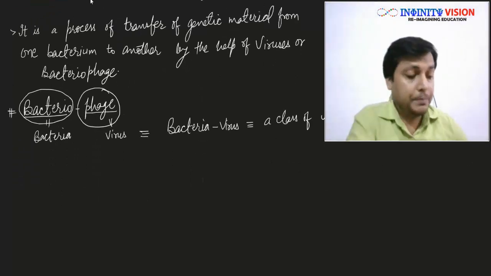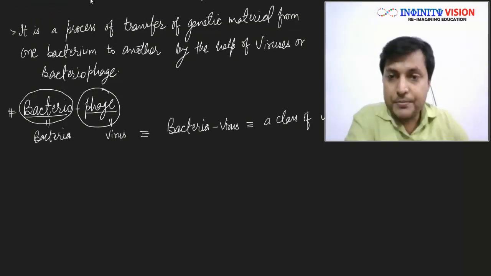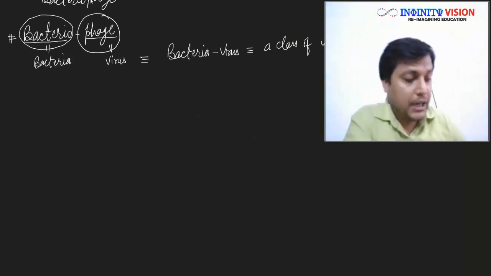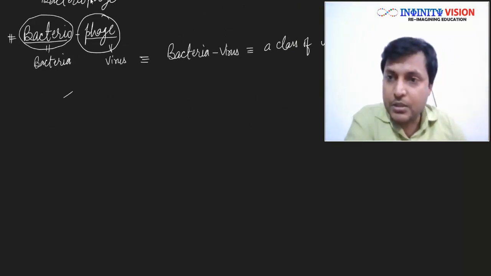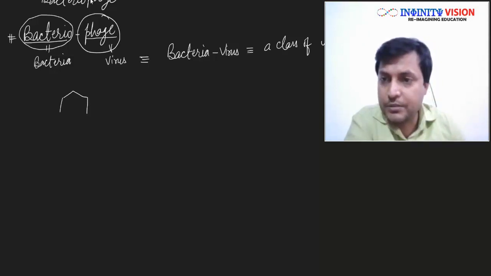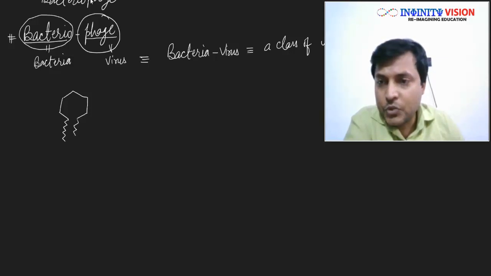How they appear: if you see a typical bacteriophage like lambda phage, this is how they look. They have a hexagonal head, and after this head there is a neck, and then there is a basal plate.